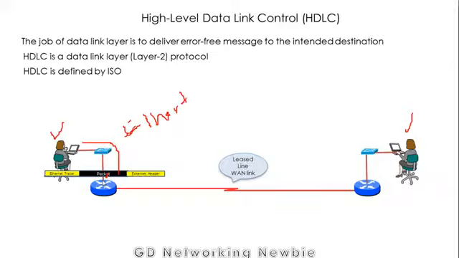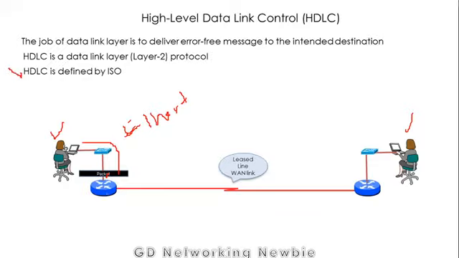Decapsulate means it will remove the header and trailer from that frame. And now, by looking at the IP address, this router has to forward that packet to this router. So there is a link. Which kind of link is there? This link is a leased line WAN. This is not Ethernet, and for that we need the HDLC data link layer protocol.